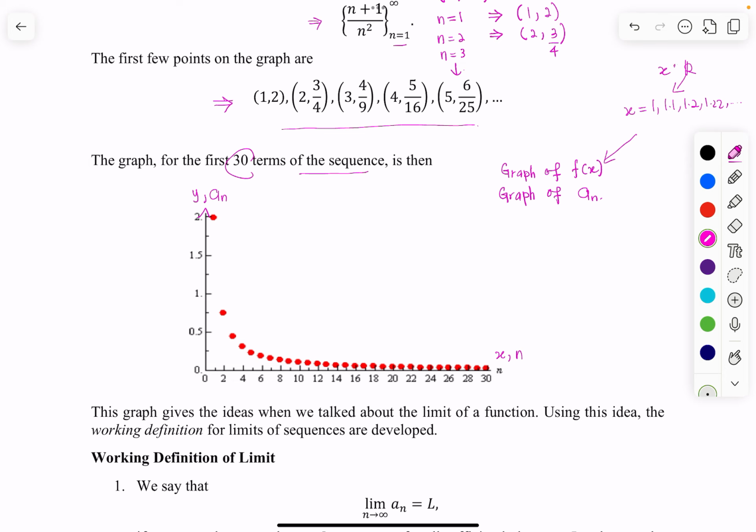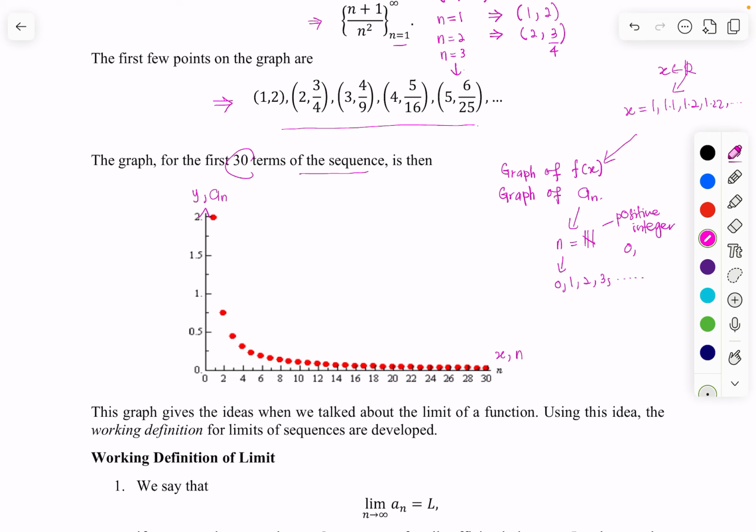So x is an element of the real numbers. But for the sequence, n should be a natural number, which is a positive integer, and it can also be 0. So the smallest possible n could be 0, 1, 2, 3, 4, and so on.